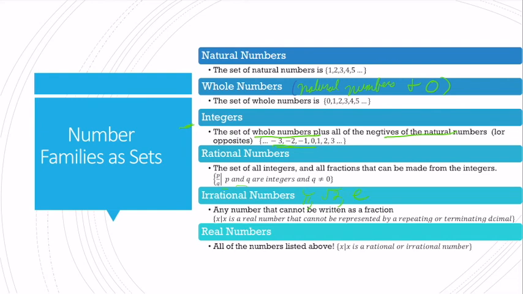And the way we write these in set notation is x such that x is a real number. All these numbers are real, they occur in our everyday life. But irrational numbers can't be represented by a repeating or terminating decimal. And the real numbers include all of everything listed above, as long as x is a rational or irrational number.